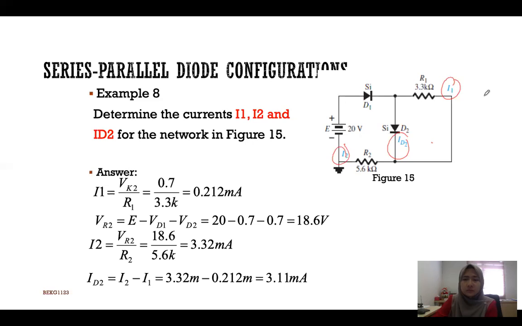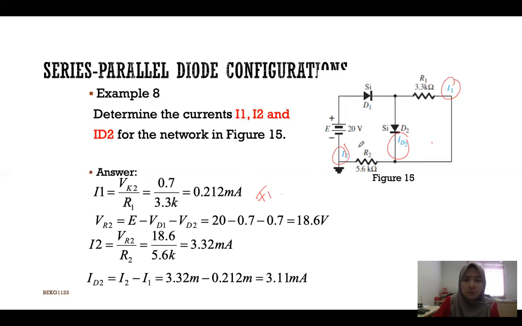I1 is actually VK2 divided by R1. How do we get VK2 divided by R1? It's actually using KVL. Using KVL, you will get I1 is equal to VK2 divided by R1, so equal to 0.212 milliampere.